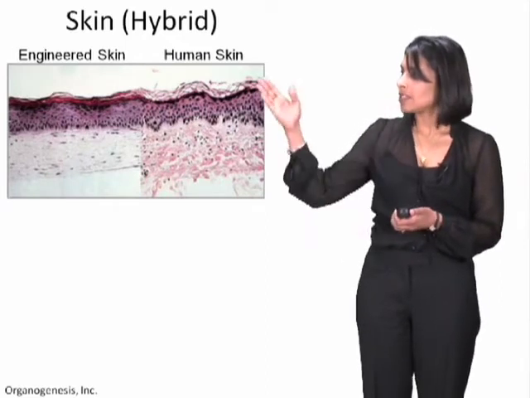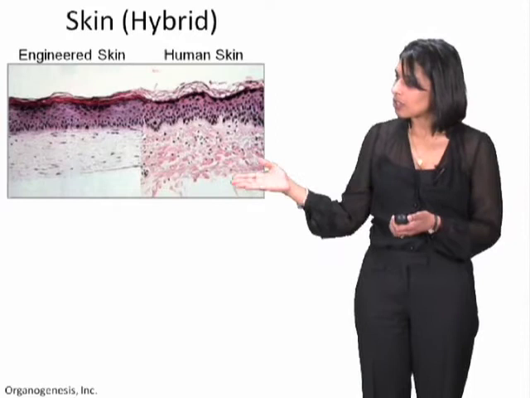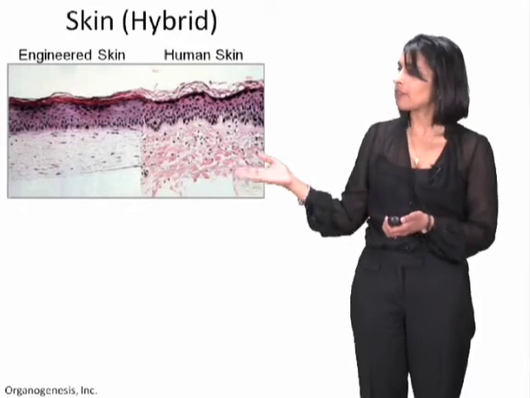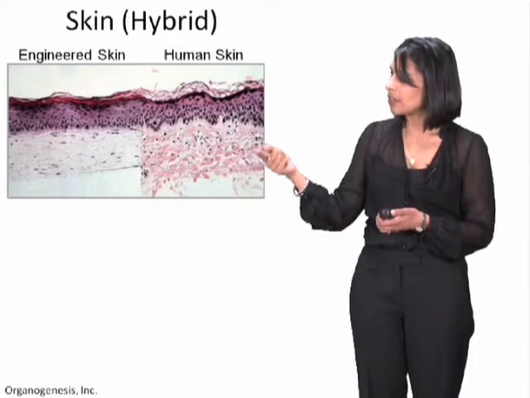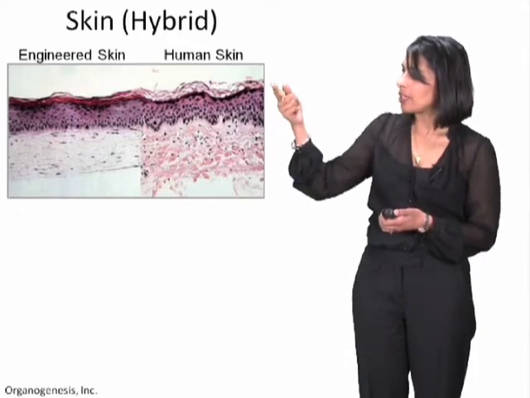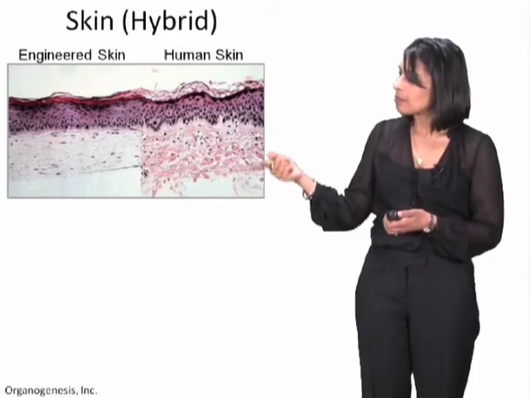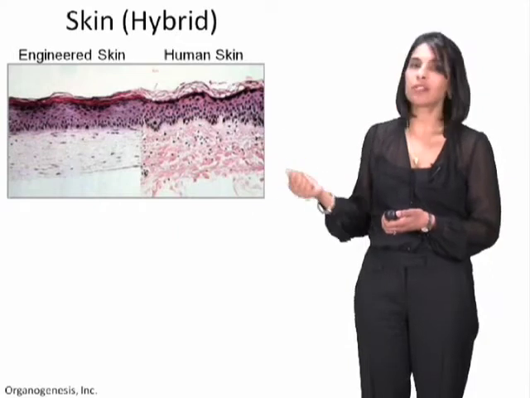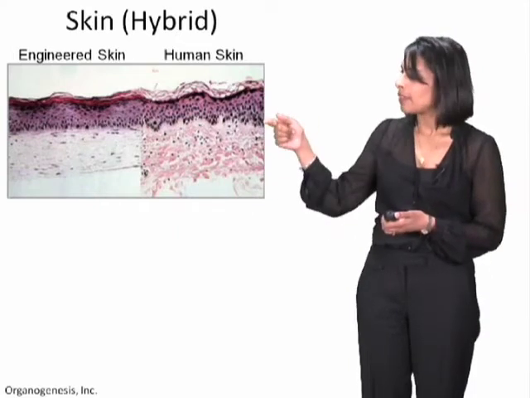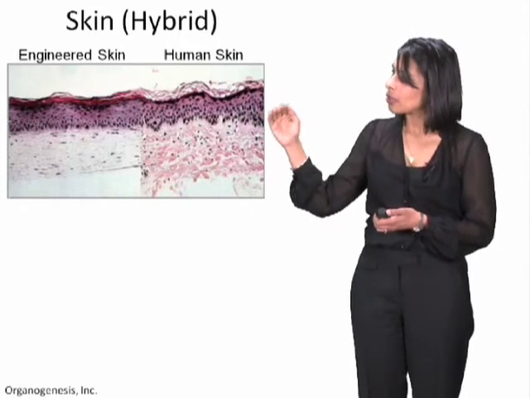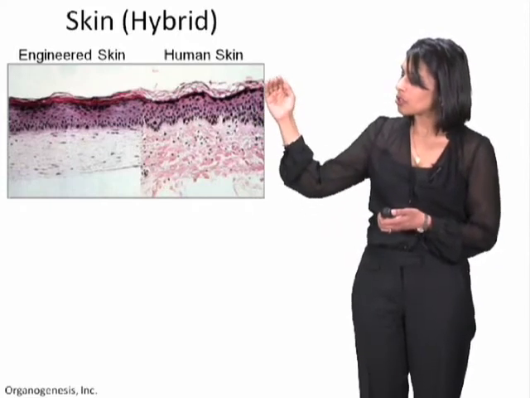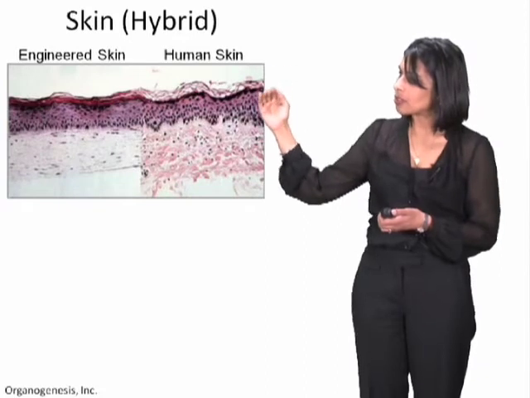On this side we see a cross-sectional micrograph of what human skin actually looks like, and we see that there's a dermal layer here and an epidermal layer here. The dermis is composed of connective tissue cells like dermal fibroblasts, and the epidermal layer is composed of epithelial cells, which undergo what we call stratification as they mature and form this multi-layer surface.